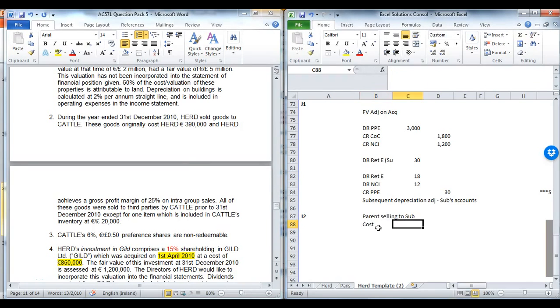So the cost was 390. Now remember, if the margin was 25%, then cost is 75% of revenue. Therefore, revenue was this divided by 0.75, or you could divide by 75 multiplied by 100. So the actual price charged by Herd to Cattle was 520, and you can just double check.